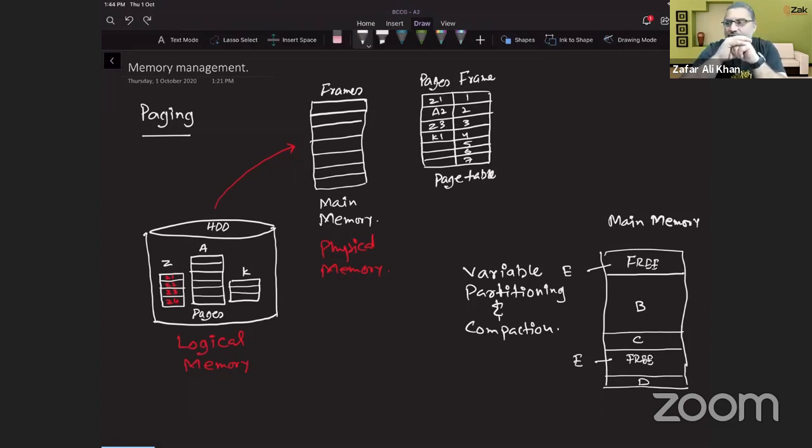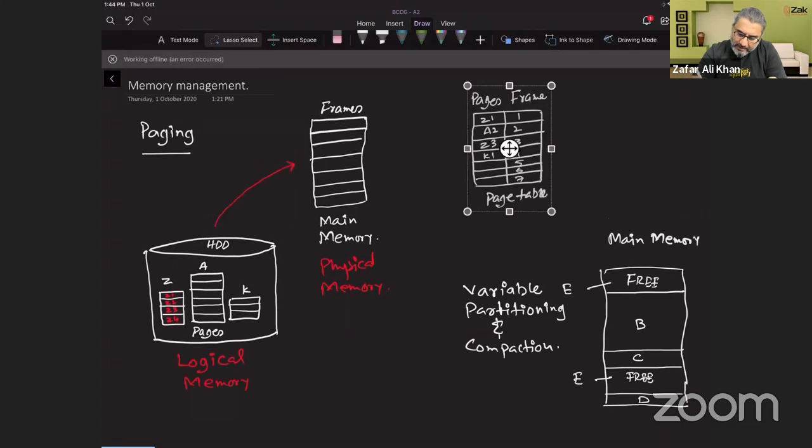Now, virtual memory. There is an operating system executive. What are operating system executives? Operating system executives are those programs which are basically the managers of the operating system, and they are called as and when required.